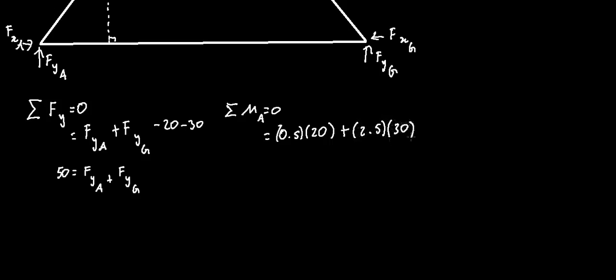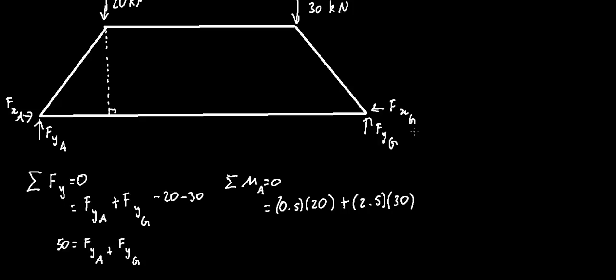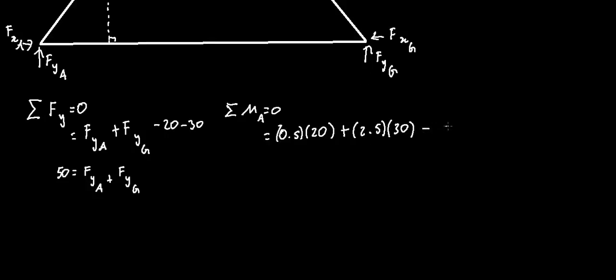2.5 times 30. And then to balance this all out, we have our Fyg, which pushes back, minus Fyg, and this all equals 0. So we know that Fyg is equal to this thing. 0.5 times 20 is 10, 2.5 times 30 is 75, which makes 85.